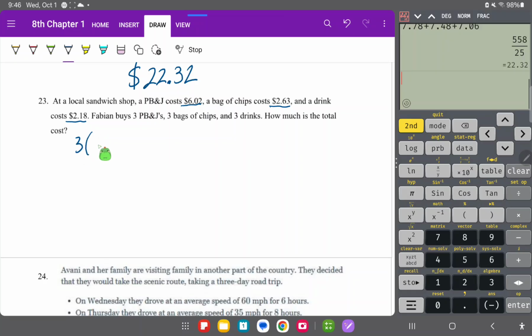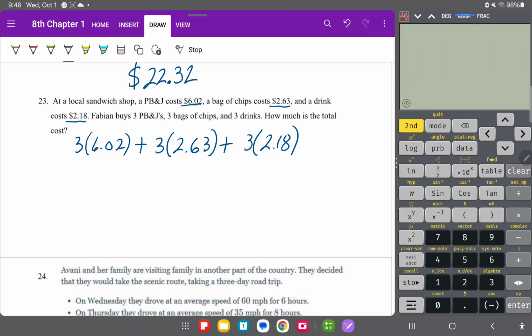So it's 3 times the $6.02 plus 3 times the $2.63 plus 3 times the $2.18. All right, so then I'm going to clear that, and we're going to go 3 times 6.02.